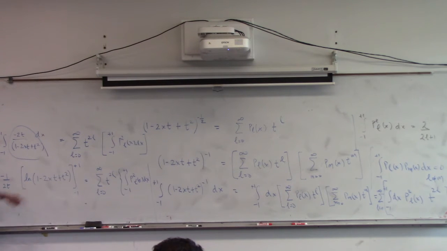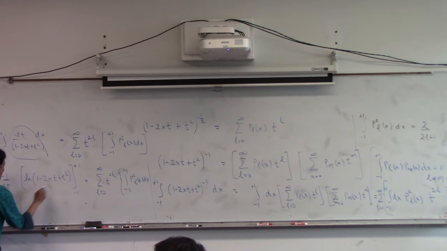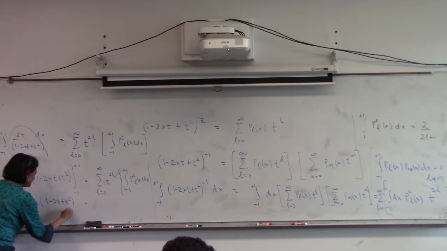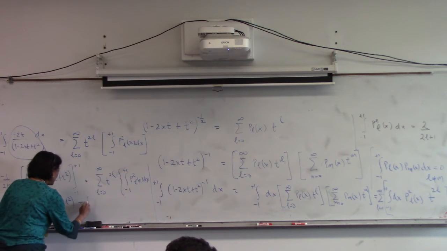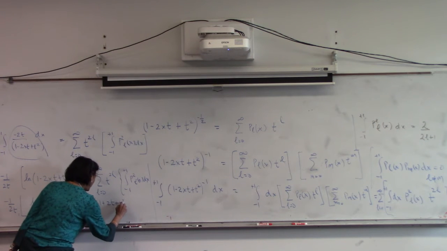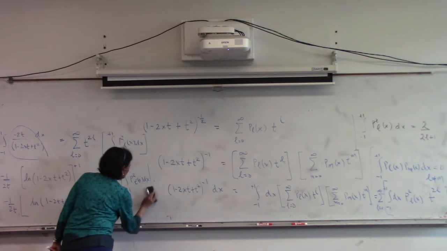Alright, so this is -1 over 2t, and we are substituting for x, right? So this will become natural log of 1 minus 2t plus t squared minus natural log of 1 plus 2t plus t squared.